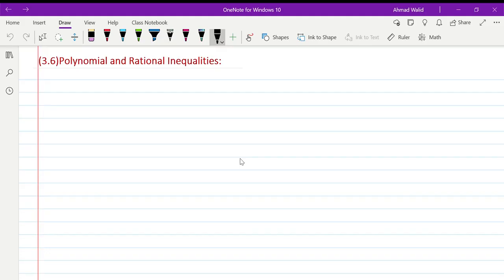Any polynomial or rational function that's in the form of f of x greater than 0, f of x less than 0, or f of x greater than or equal to 0, or f of x less than or equal to 0, we call it a polynomial inequality.